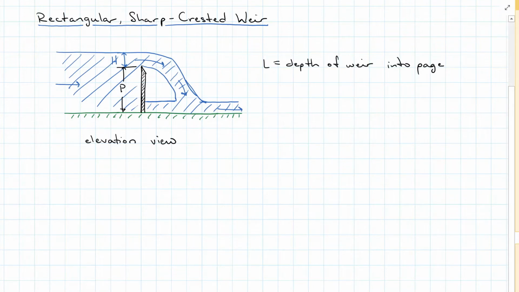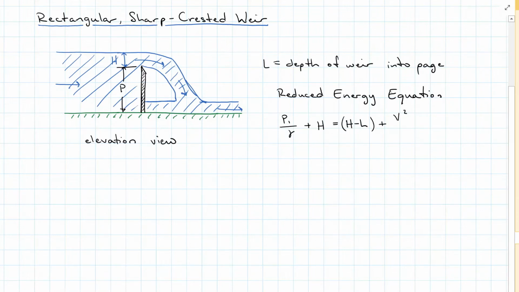I can use the energy equation and reduce it to terms of my weir, which will be pressure 1 over gamma plus the height, where little h here is any height above the weir.